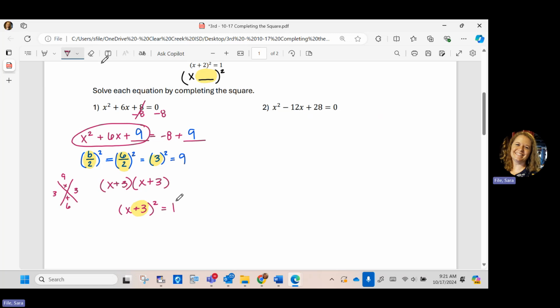So how would I move that 1 back to the other side? I'd subtract that 1 back over. So this is x plus 3 squared minus 1, and you can see your a, h, and k. If you want to write y equals, that doesn't hurt anything. So there's your quadratic in vertex form.